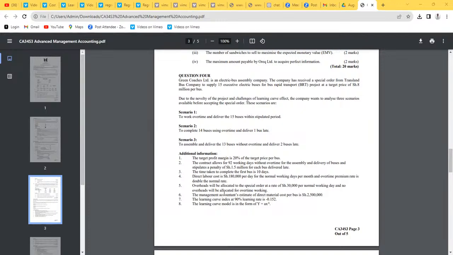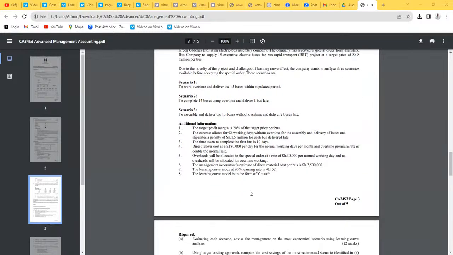The management accountant's estimate of direct material cost per bus is 2.5 million. The learning curve index is 90%. That is, learning rate is negative 0.152. I think that figure is now familiar. The learning curve model is in the form of y equals a x raised to power b.